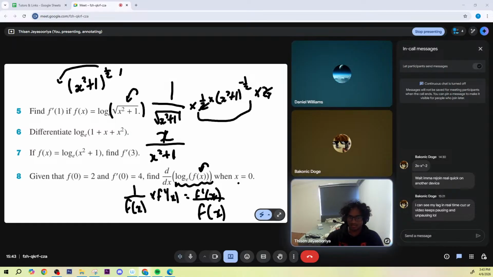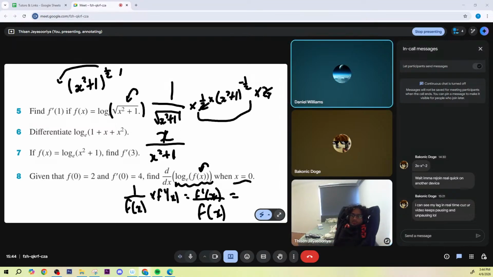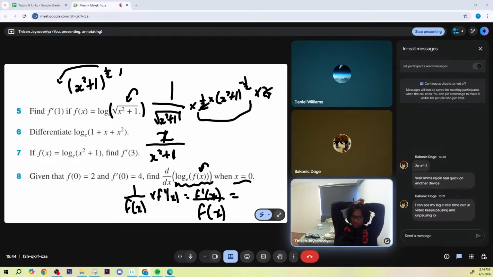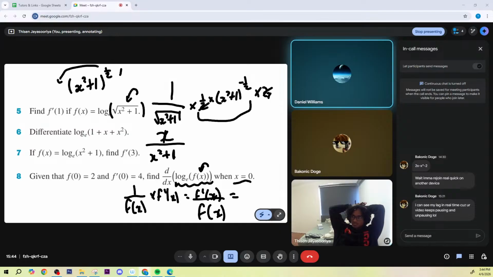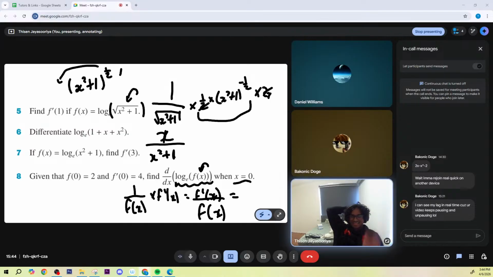Then what is the derivative equal to when x equals 0? I have here f dash of 0, f of 0.